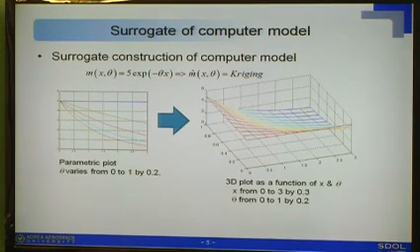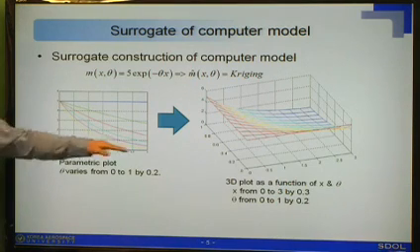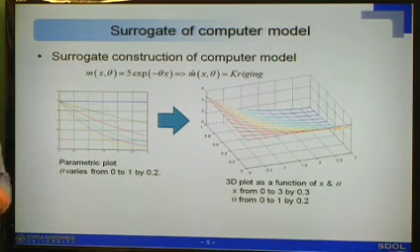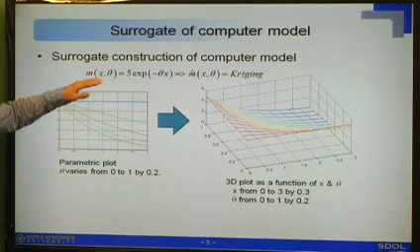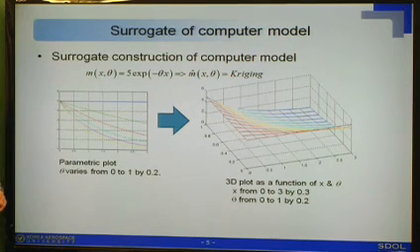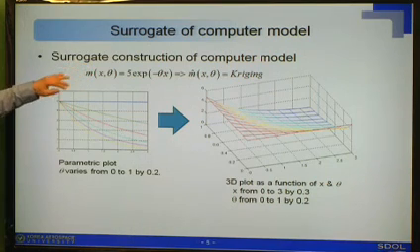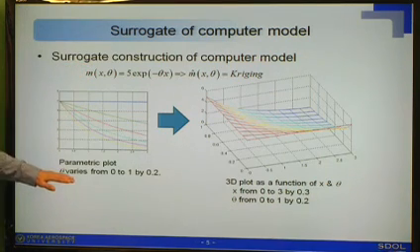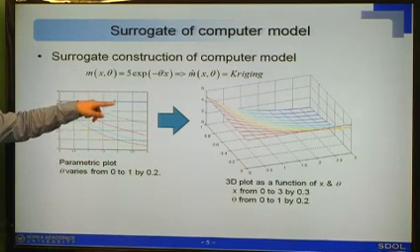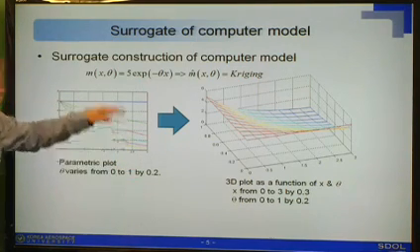Based on this understanding, we can construct a surrogate model. The case is this function in this example. And x is the input variable. Theta is the calibration parameter. But in this case, we think of these two as the two input variables. This is the graph representing the behavior of this function with theta varying from 0 to 1 with an interval of 0.2.